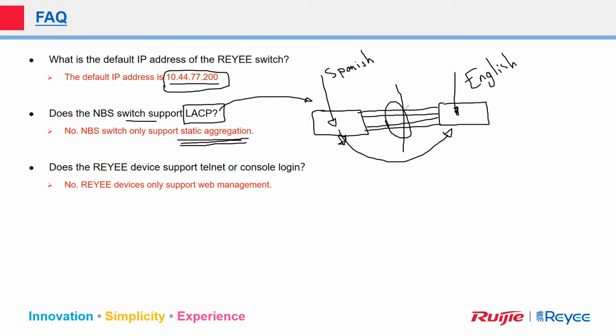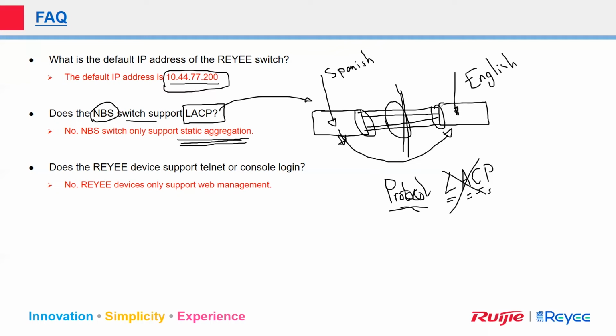So they must agree on a protocol so each other can negotiate how they're going to aggregate those ports. So one of the protocols is called LACP, Link Aggregation Control Protocol, right? But unfortunately, the NBS doesn't support this protocol.